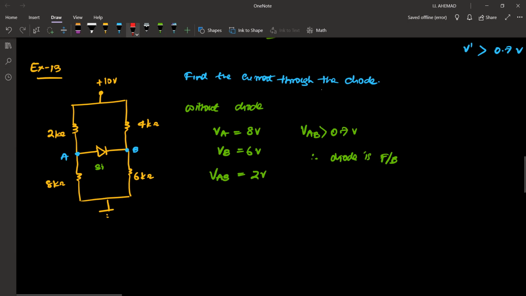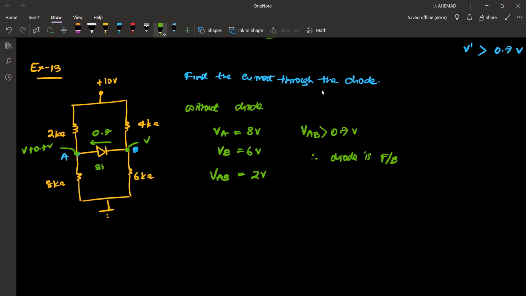So now with the diode, we know that across this, 0.7 will drop. So if this voltage is V, this has to be V plus 0.7.